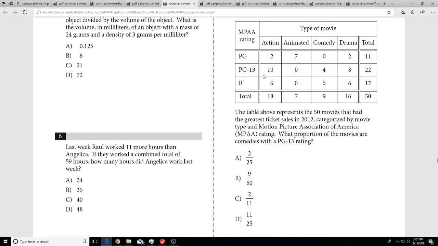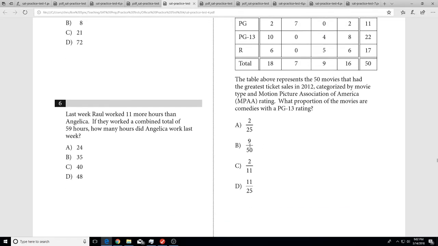Okay, so we want comedies with a PG-13 rating, which is 4. And it says what proportion of the movies, so I want to get the total of all movies. Okay, and 4 of them are PG-13 comedies. So my answer is going to be 4 out of 50.